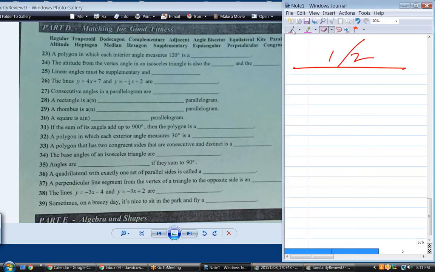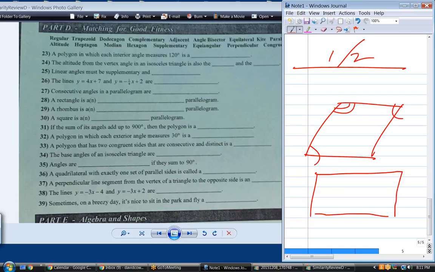And most parallelograms don't have 4 equal angles. Those parallelograms that are kind of slanted, this one's equal to this one, but they're not equal to that. They're supplementary. So an equiangular parallelogram would have to be a rectangle, and they're all right angles.